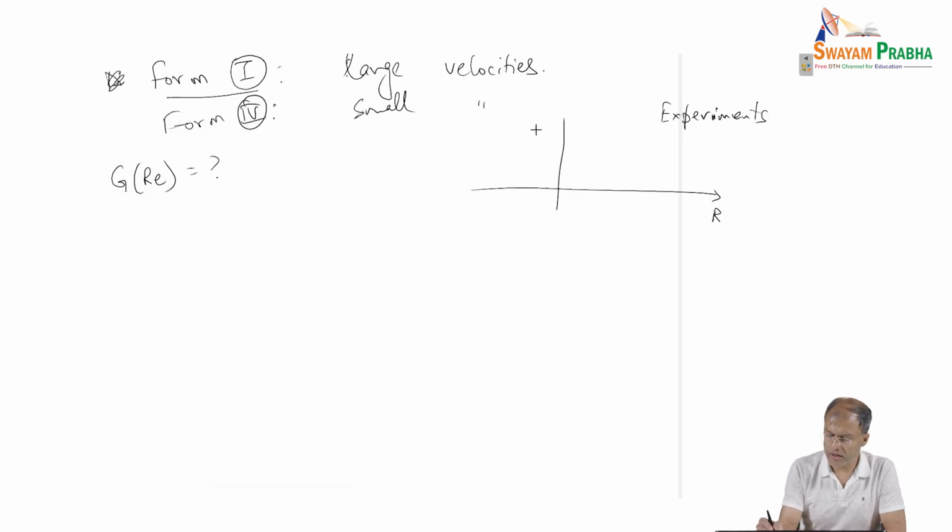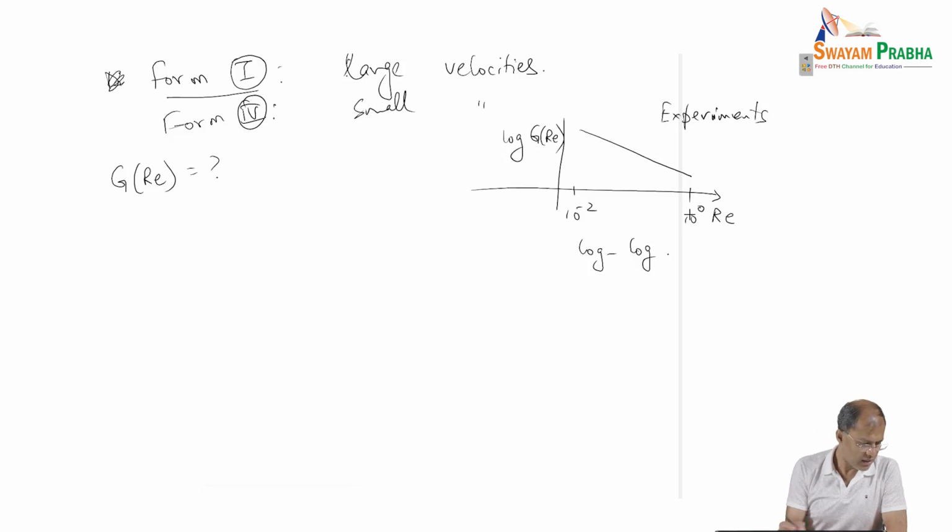If we plot g of Re versus Re on a log scale, say from 10 to the power minus 2 to 10 to the power 0, we see a linearly decaying relation on the log scale, which means that this function decays with increasing Re.